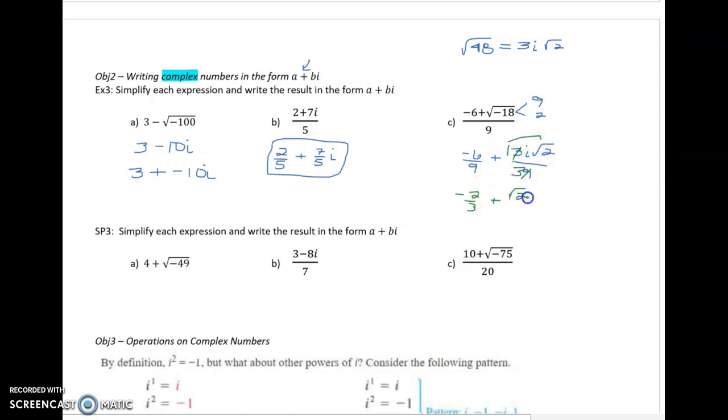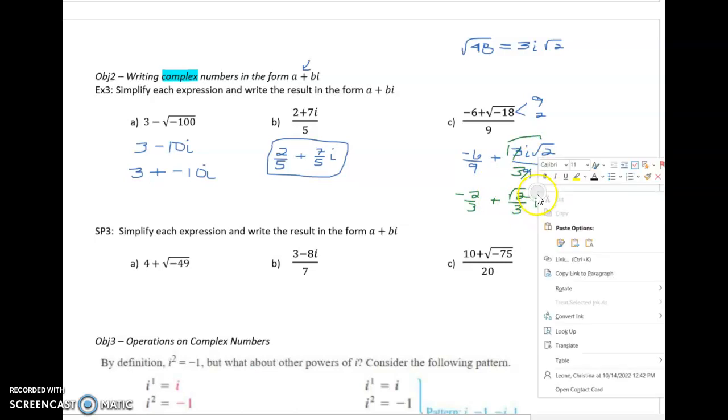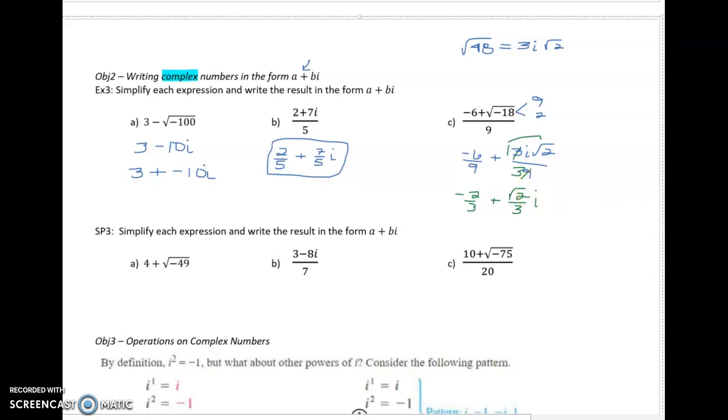So we're just going to write the square root of 2 over 3. And then we're going to stick i on at the end. So negative 2 over 3 plus radical 2 over 3 i would be your final answer.